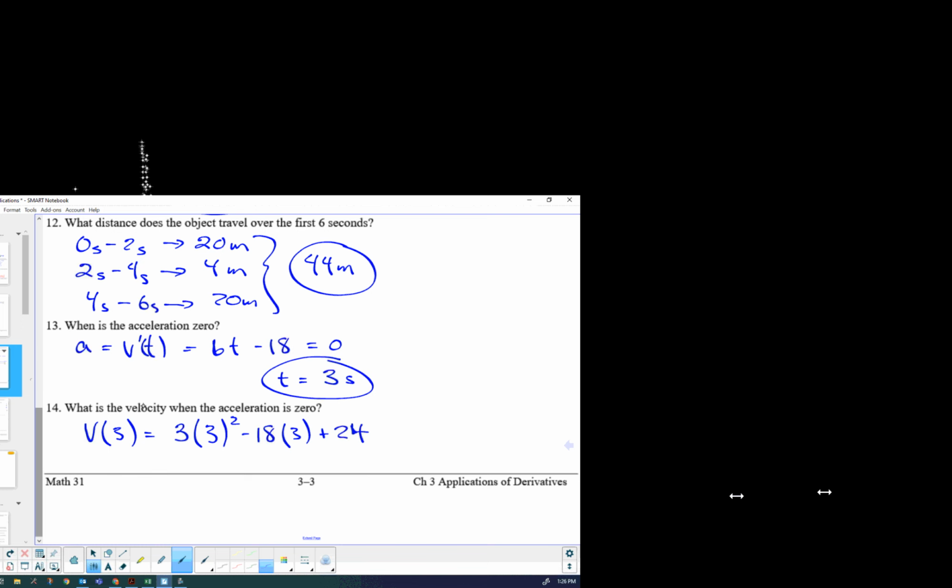And what? It makes sense? Because our object is moving to the left at that point. Yep.